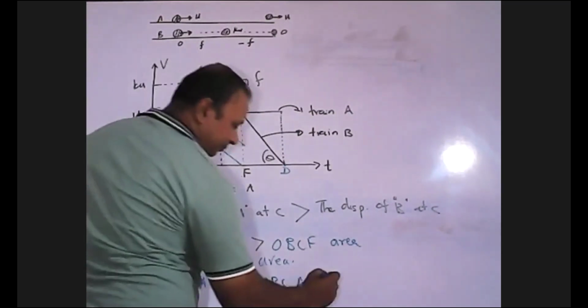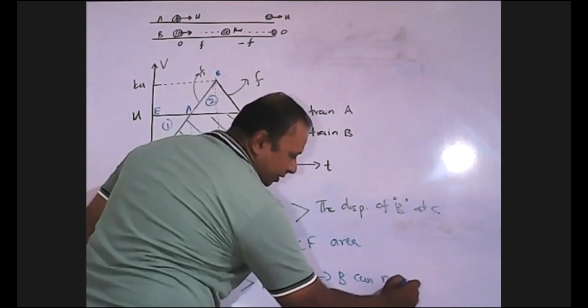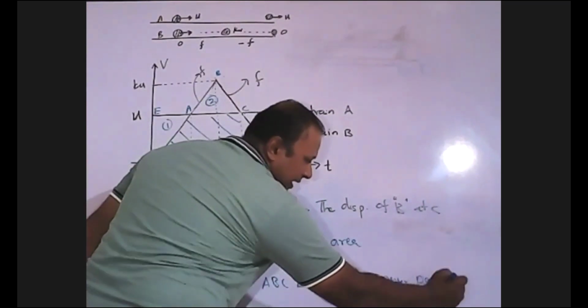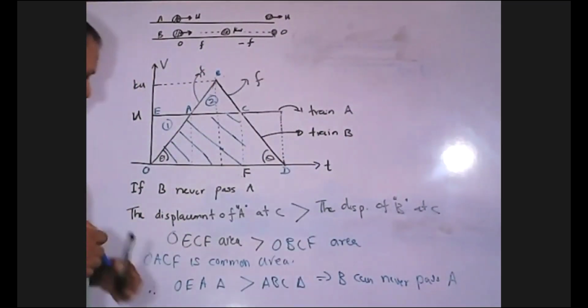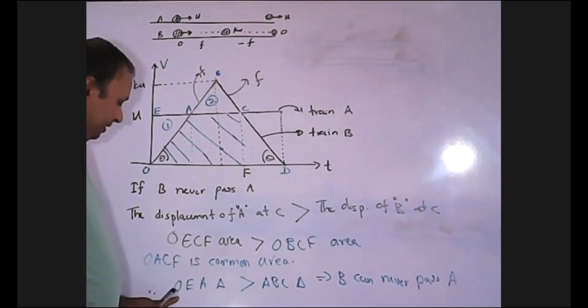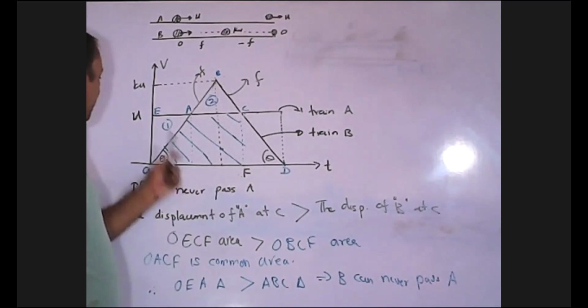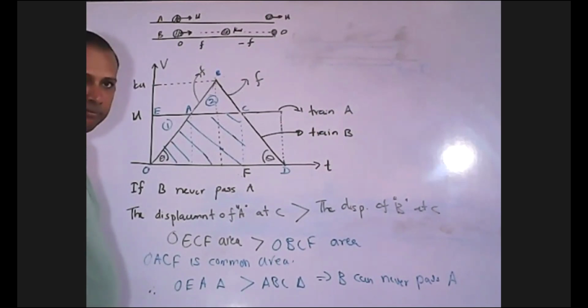Then B can never pass A. Now you have to show this area is greater than this area. The OEA area should be greater than the ABC area.